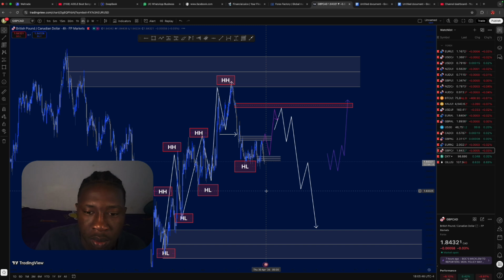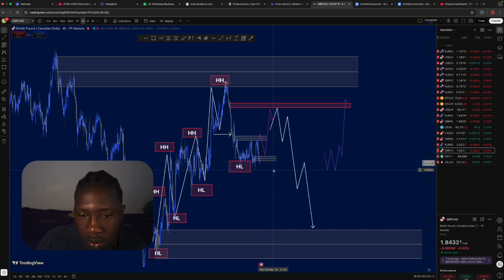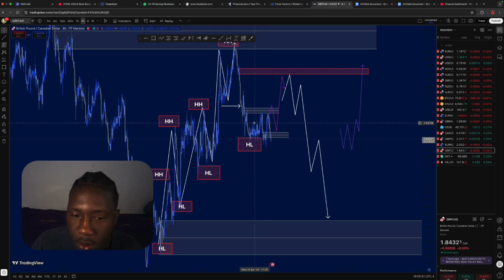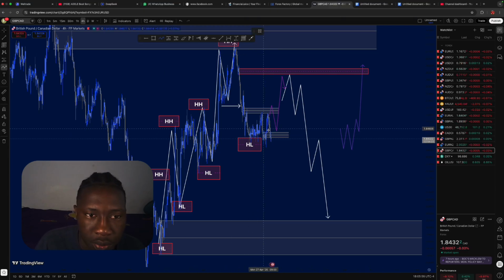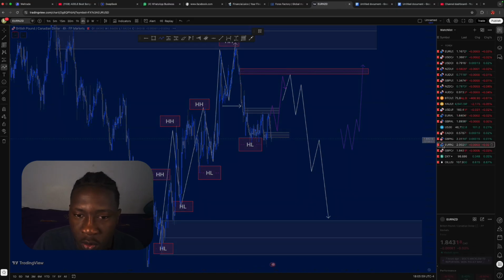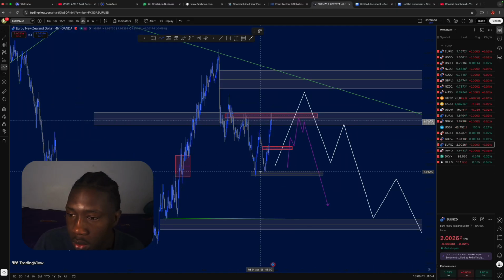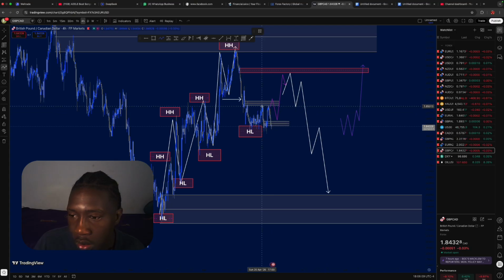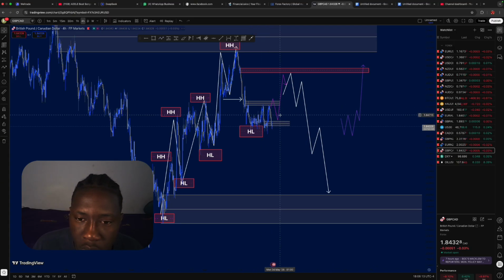But GBP is now not strong, Canadian dollar maybe is now strong, and we have this movement where the market will give us two double tops, and this one the market gives us two double tops.